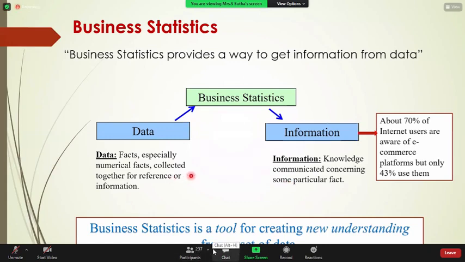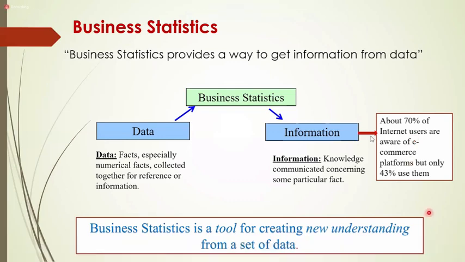Suppose we select 100 internet users in Sri Lanka. For each and every internet user, we ask two questions: are you aware of e-commerce, and are you using an e-commerce platform? Then we use diagrams, charts or percentages to come to a conclusion.